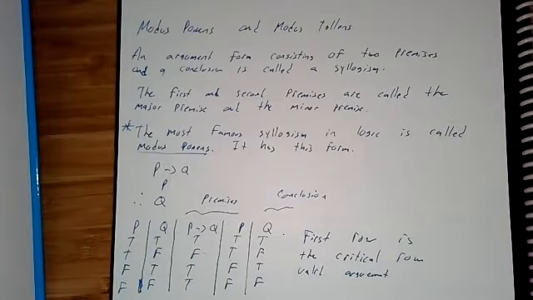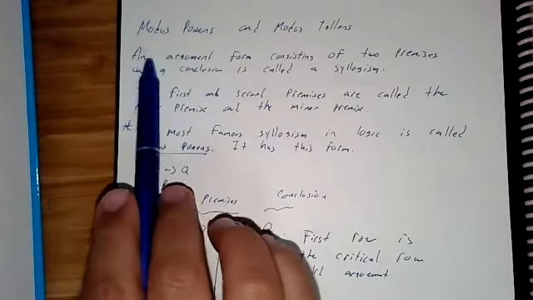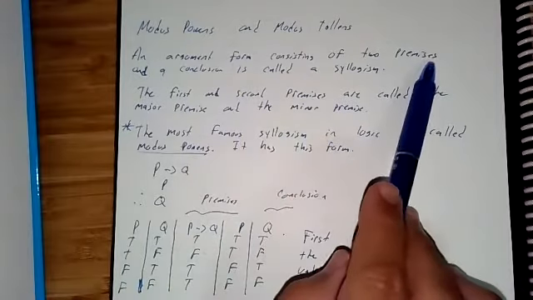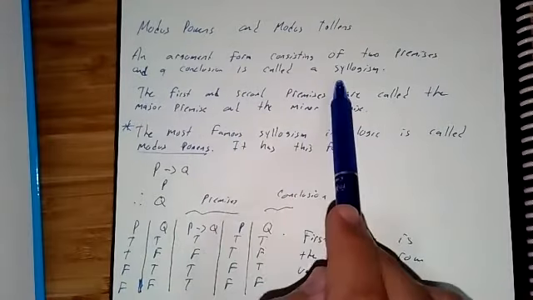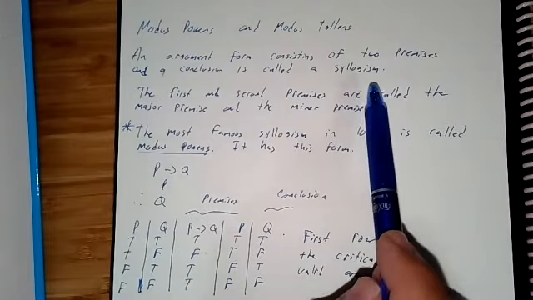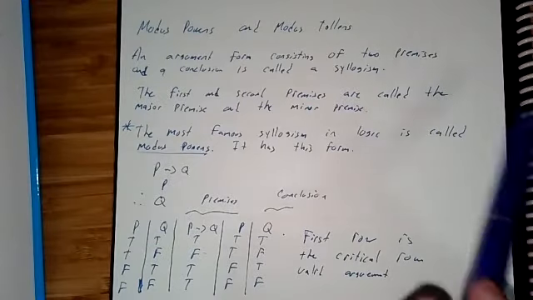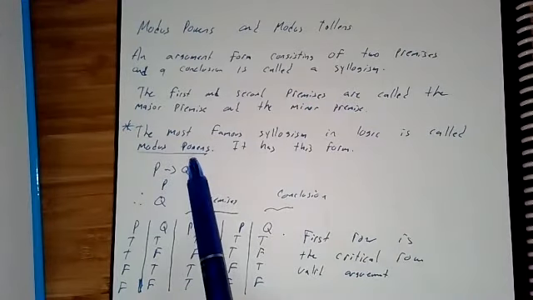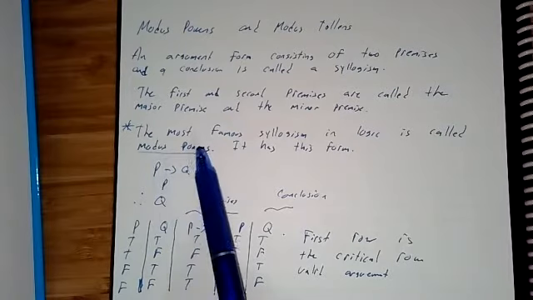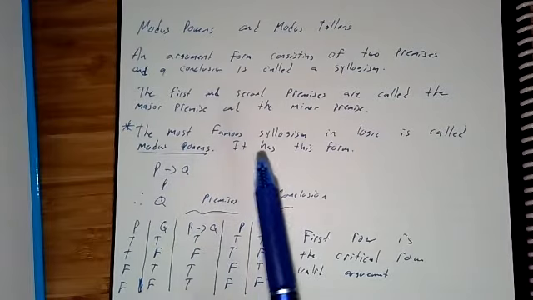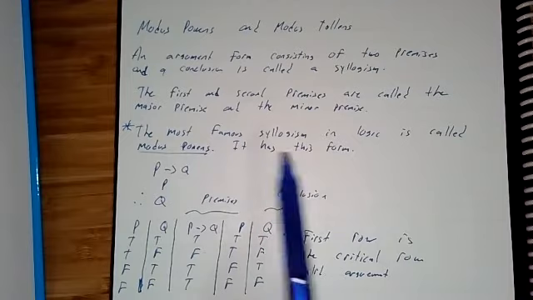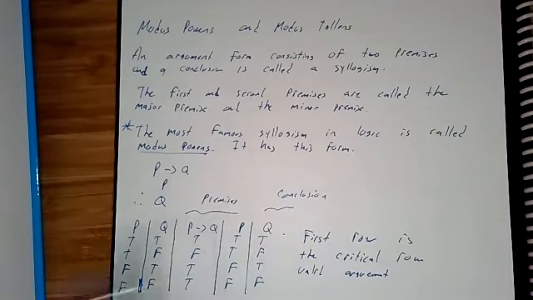The modus ponens is probably the most famous syllogism, and I should define that first. An argument form consisting of two premises and a conclusion is called a syllogism. So if it has two premises, like the last example, and a conclusion, then we call it a syllogism.